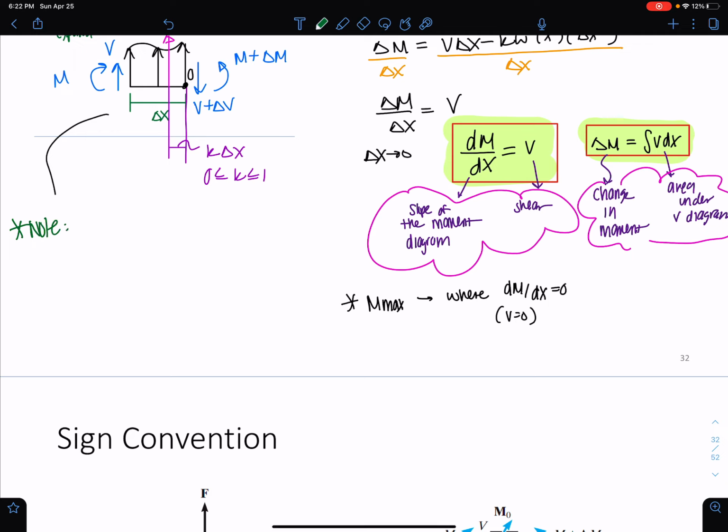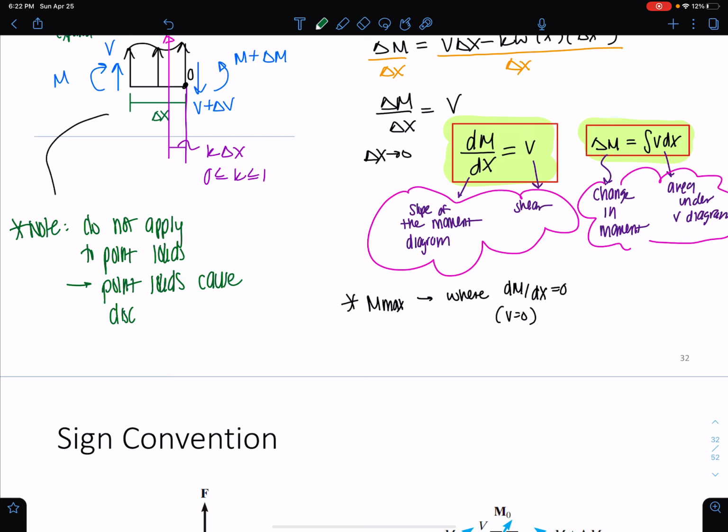These relationships do not apply to point loads. Only distributed loads. Why? Because point loads cause discontinuities. They're abrupt changes. We deal with them differently.